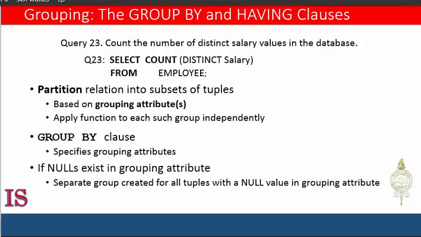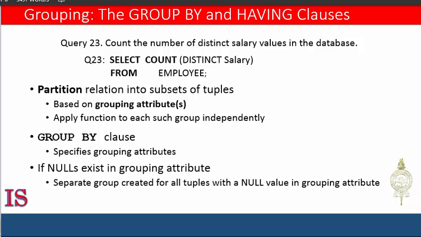In many cases, we want to apply the aggregate functions to subgroups of tuples in a relation, where the subgroups are based on some attribute values. For example, we may want to find the average salary of employees in each department, or the number of employees who work on each project.